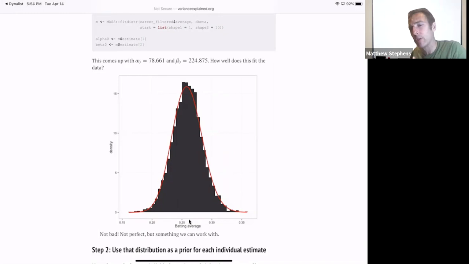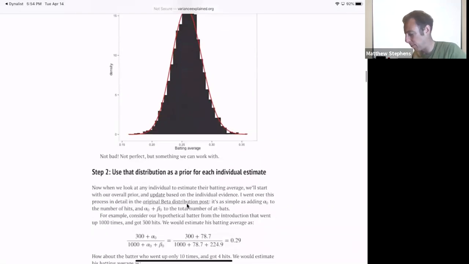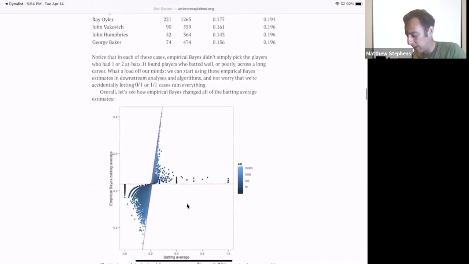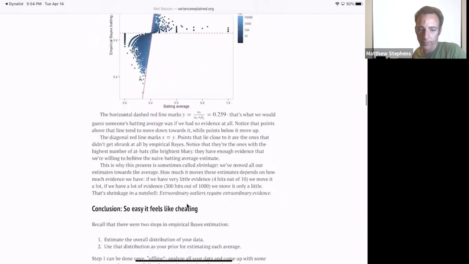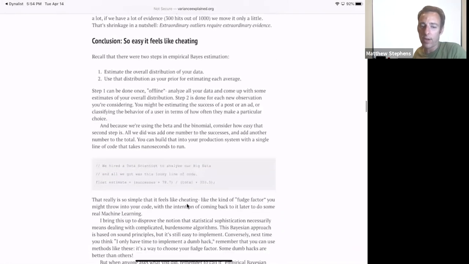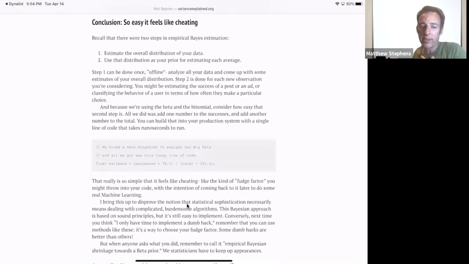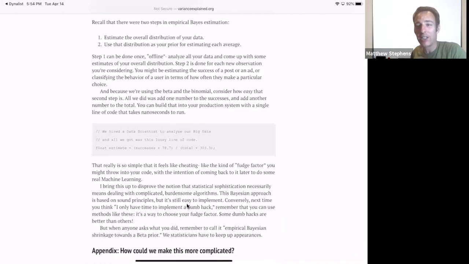Often we shrink estimates towards 0, actually, but in this case we're shrinking them towards a common mean, in this case around 0.26 or 0.27. So that's an important concept as well. Shrinkage: the idea is that you take estimates and move them towards some kind of central value, which in this case is the prior mean.